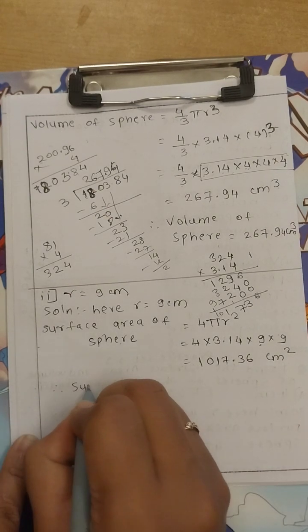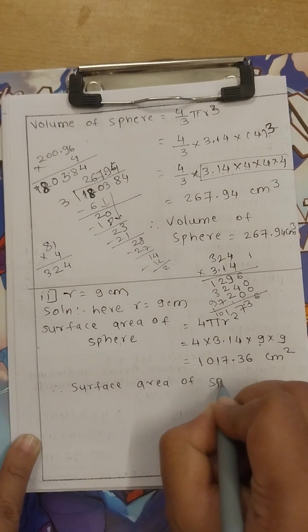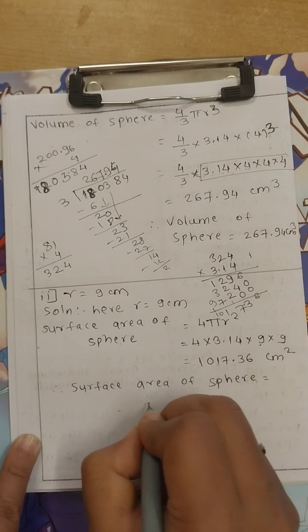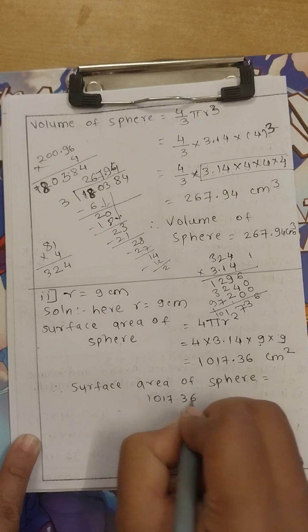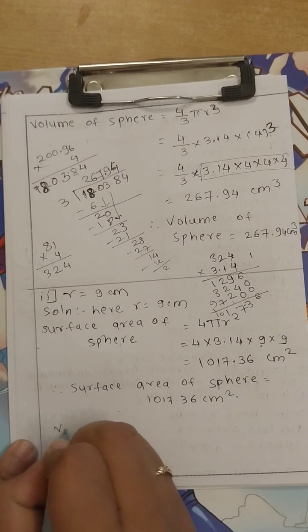Therefore, surface area of sphere is equal to 1017.36 centimeter square. Now we have to find out the volume of the sphere.